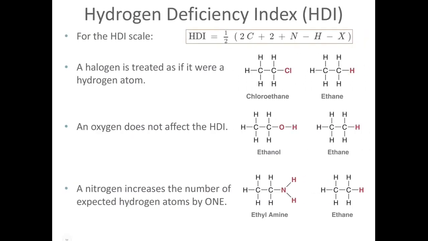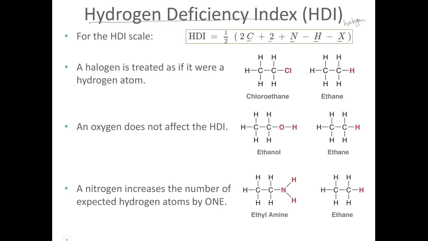We can calculate the hydrogen deficiency index using the formula HDI equals half times (2C plus 2 plus N minus H minus X), where C is the number of carbon atoms, N is the number of nitrogen atoms, H is the number of hydrogen atoms, and X is the number of halogen atoms.